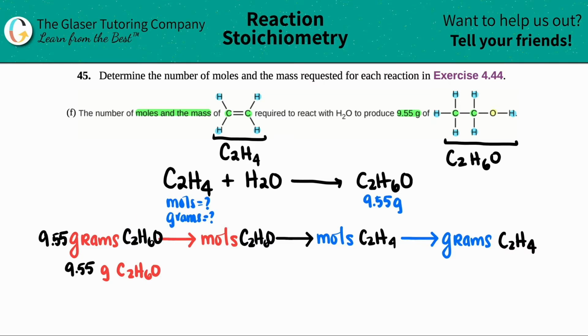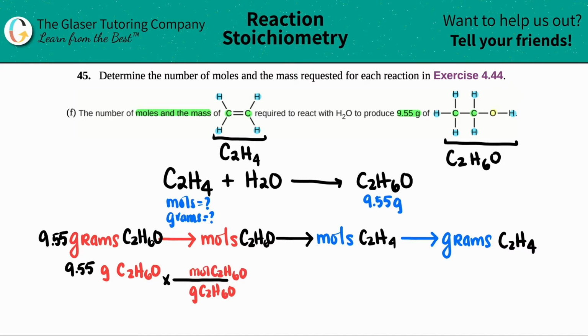So I need to multiply by a ratio. Work with the units first, and then go back and put the numbers in. I think it's easier that way. I know I don't want this unit anymore, so that goes on the opposite side, the bottom, C2H6O. And then I look to see what unit is on top, and it's the mole of C2H6O.